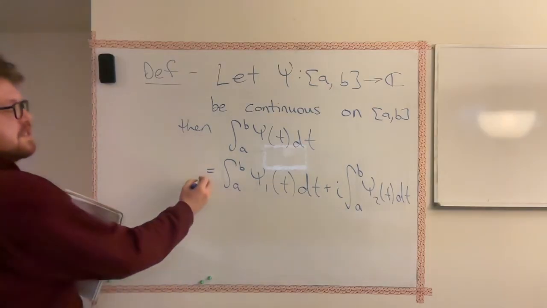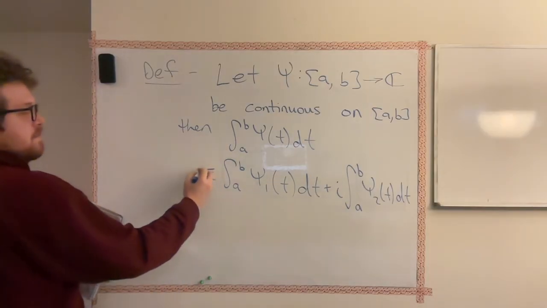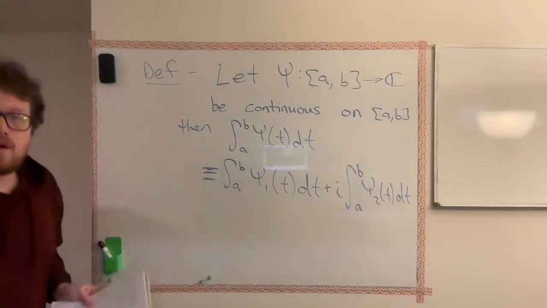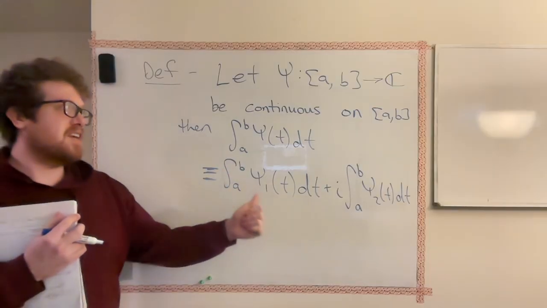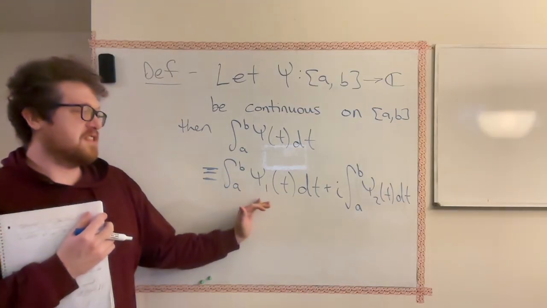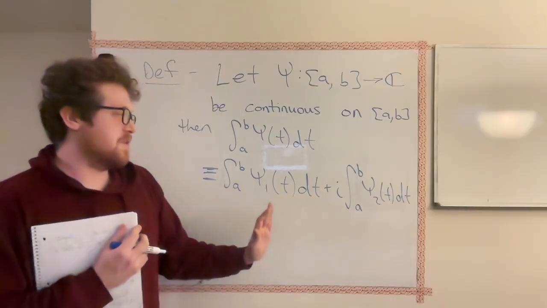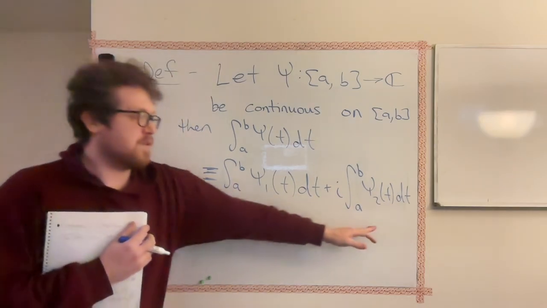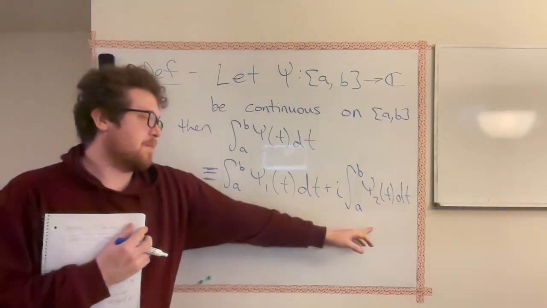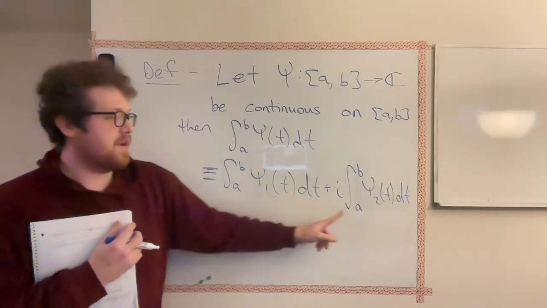Okay, so this is just a definition. If you really think about it long enough, this is essentially saying two different integrals. We're just taking the integral of the first function and the integral of the second function, and viewing it as two separate numbers, where this is the real component and this is the imaginary component.